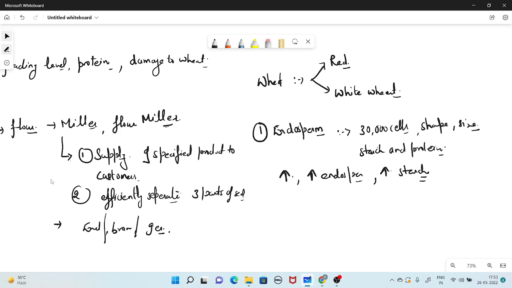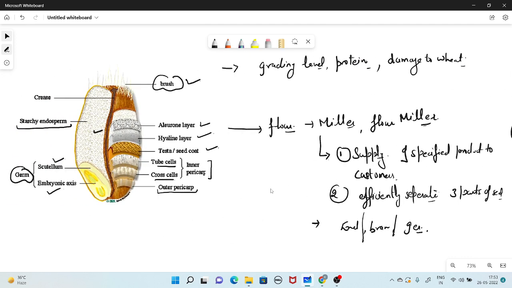If we again look into the seed structure, the inner core of the seed, which is the endosperm, contains a high concentration of starch, and the outer core of the seed contains a high concentration of protein, right? In terms of nutrition, both the outer and inner parts are very, very important, right?